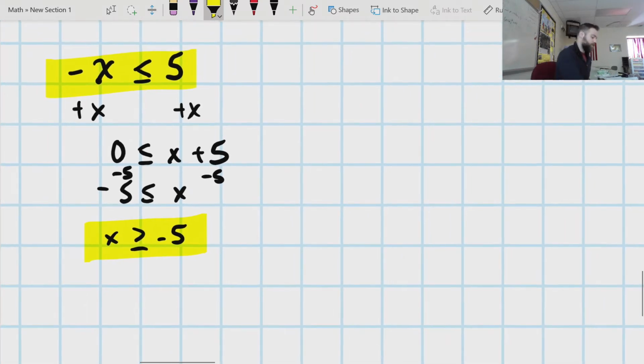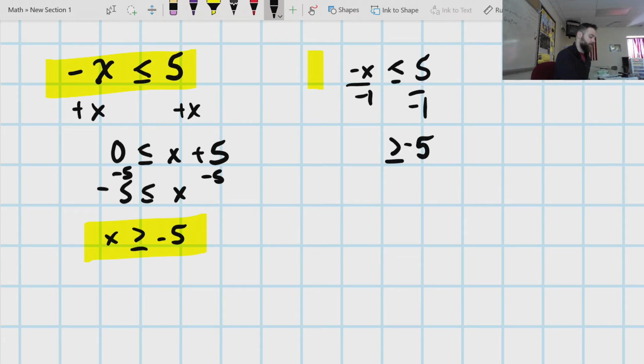So the other way to solve this they're talking about would be to just take the negative in front of this x, divide both sides by -1, and then flip the inequality, and you'll get the same result. So that's the fast way to do it. The way that I just showed you is explaining why the inequality flips, okay?